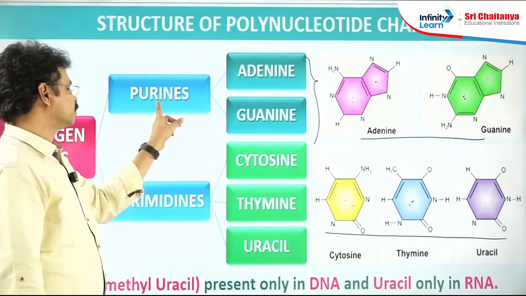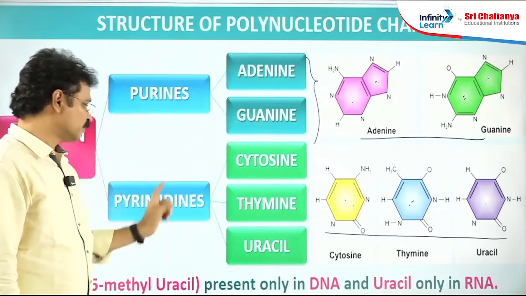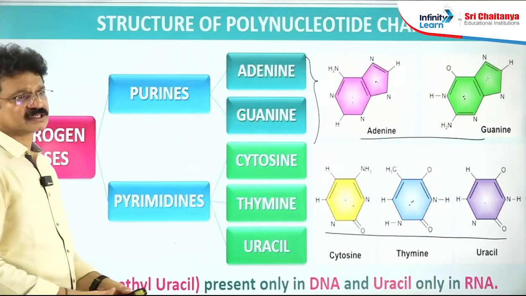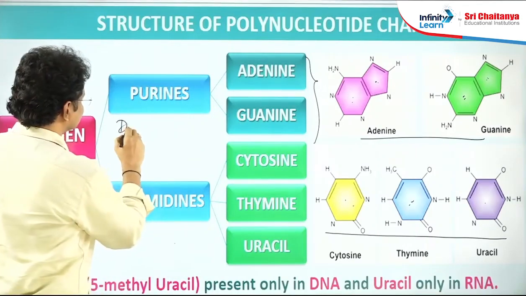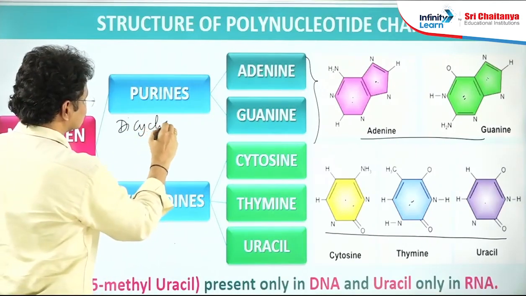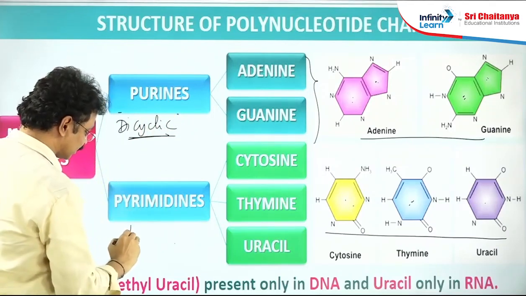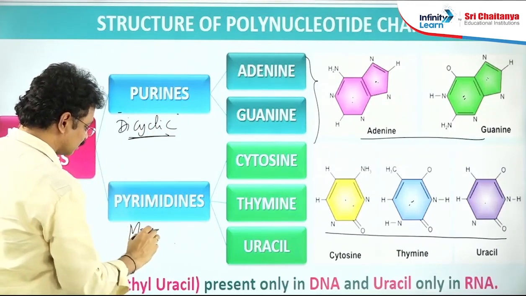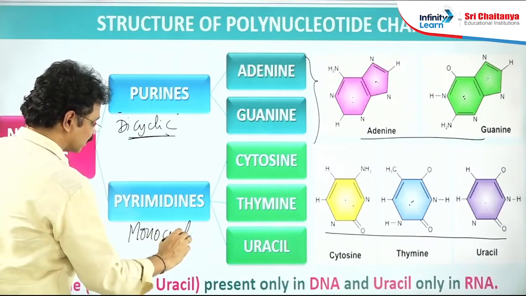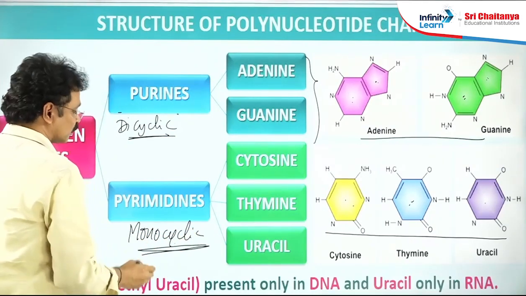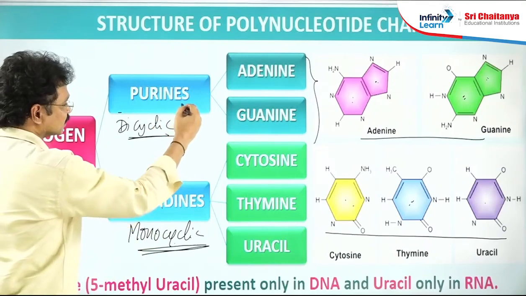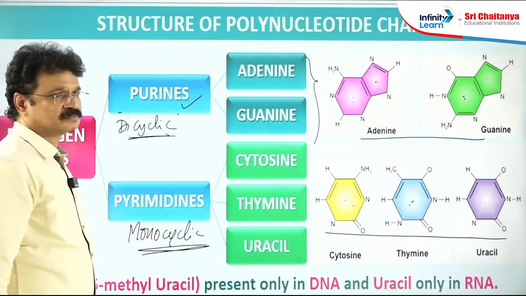Adenine, guanine, meaning purines, are dicyclic structures, pyrimidines are monocyclic structures. These are dicyclic or double ring structures, single ring or mono ring cyclic structures. This is one of the major structural variations between purine and pyrimidine.